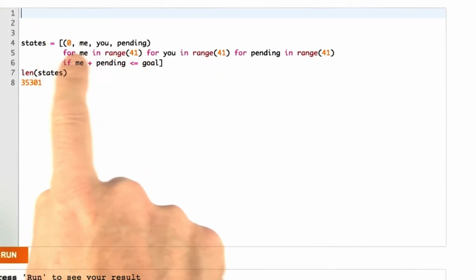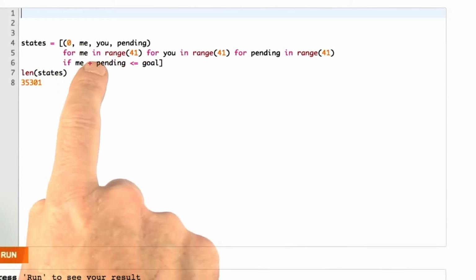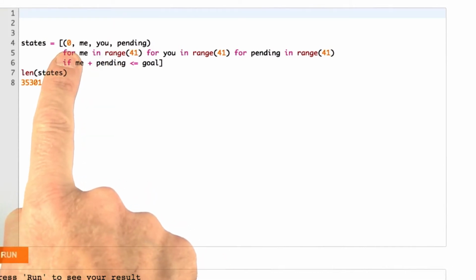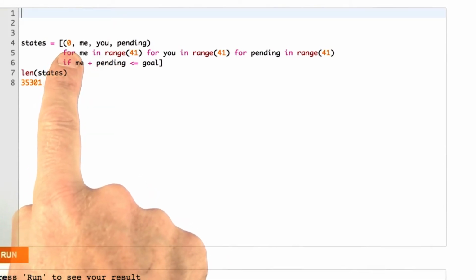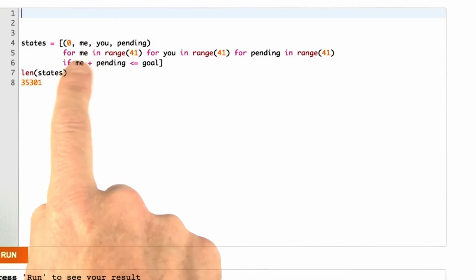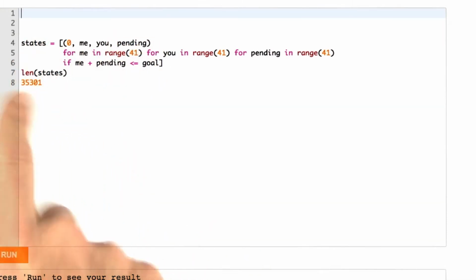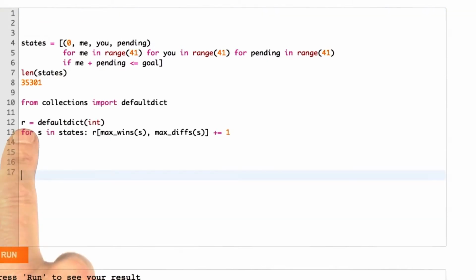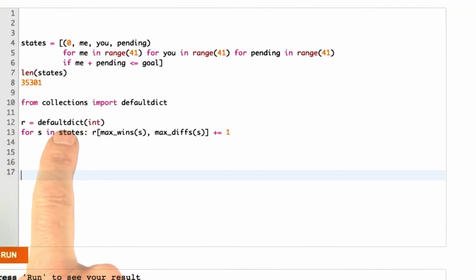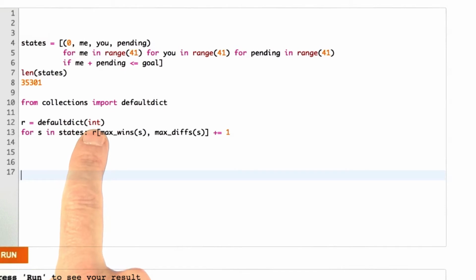So I start off by defining a bunch of states, and I'm just going to look from one player's point of view. It doesn't really matter to have both since it's symmetric. So for all these values of me, you, and pending, collect all those states. Turns out there's 35,000 of them. Then I define a variable r to be a default dictionary which counts up integers, so it starts at 0.